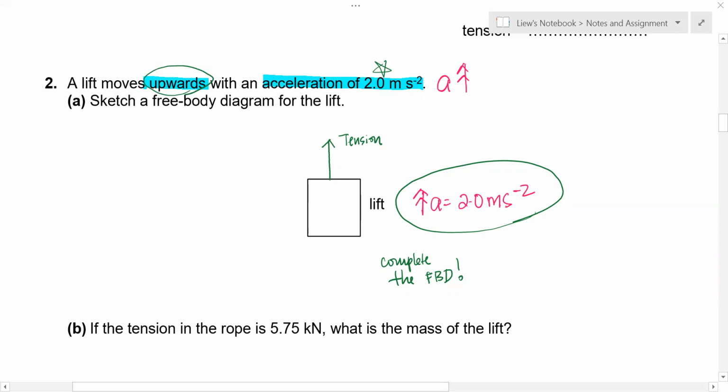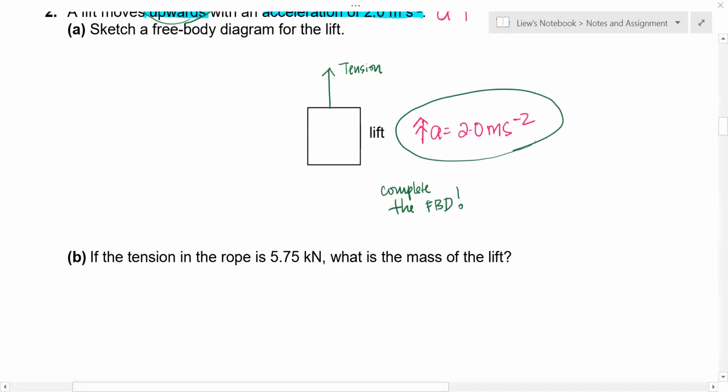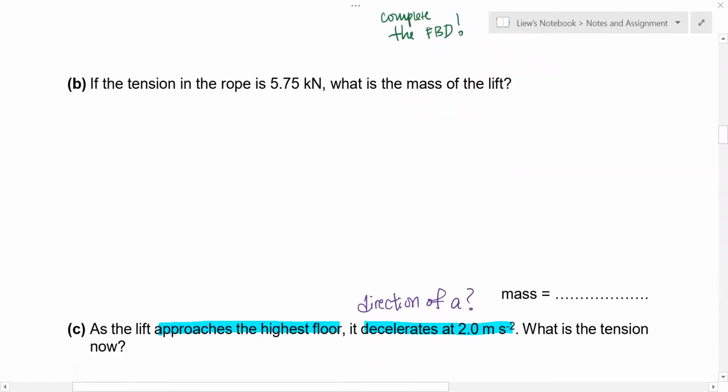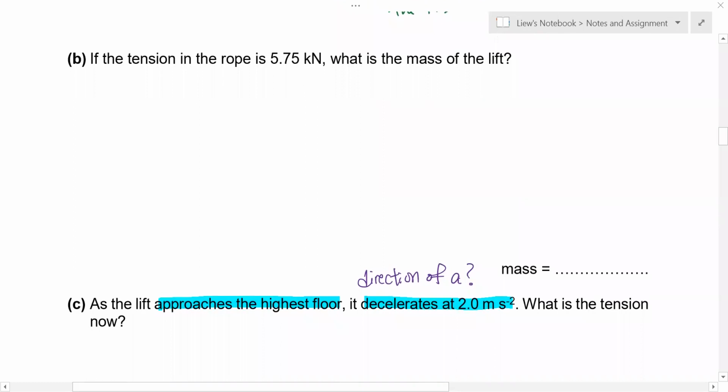So when you're drawing a free body diagram, do take note of the relative lengths of the tension vector and the weight vector. Which one should be longer? Think about it. Now part B again is applying F net equals to ma. I will leave you to try part B on your own.